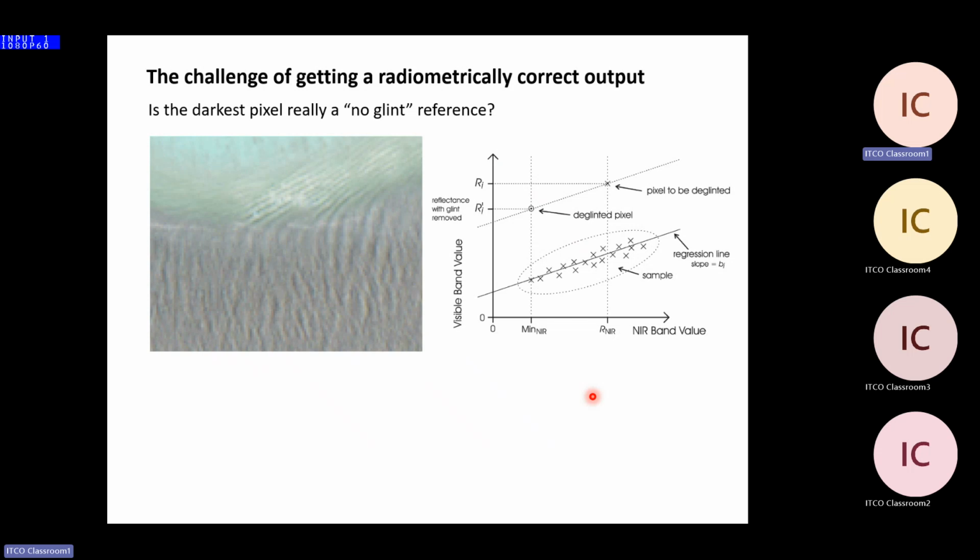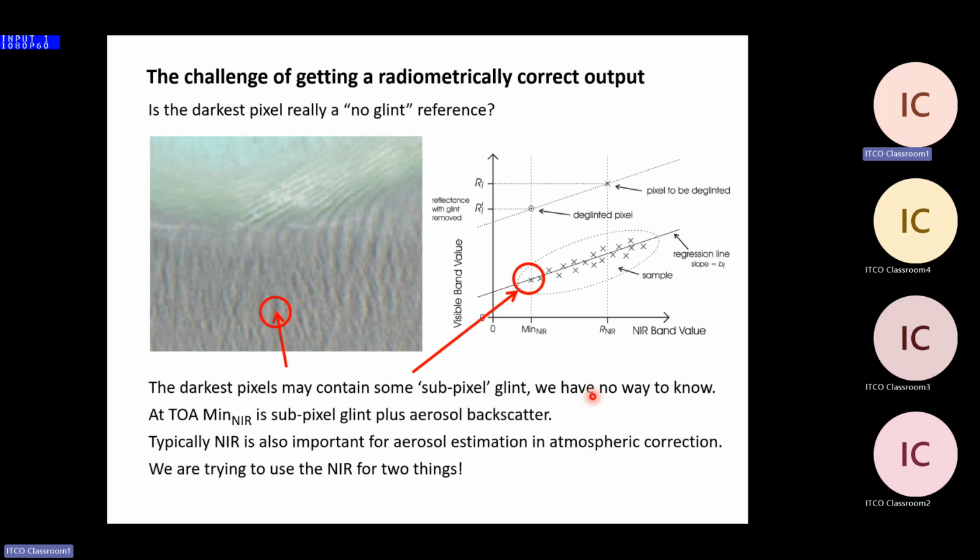But the real problem comes with the interaction with the atmospheric correction, because as you saw from David's talk, near infrared is generally quite important in the atmospheric correction. You either use it directly to determine the aerosol optical thickness, or even if you're not using it directly, if you're doing a kind of spectral thing to determine the aerosols, the near infrared tends to be important because it's the place where you see the biggest effect.